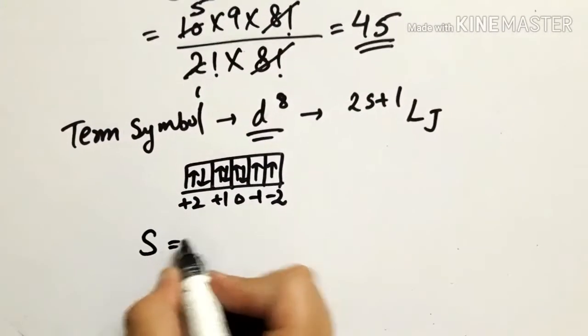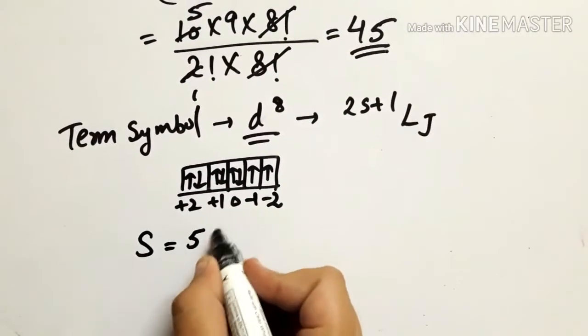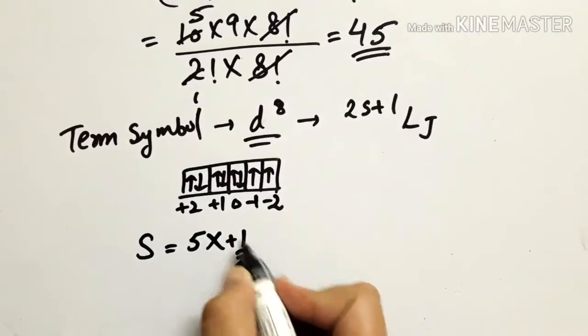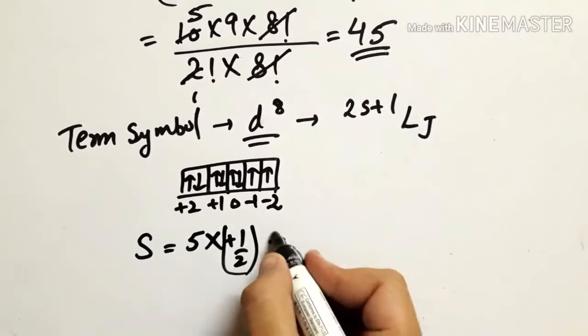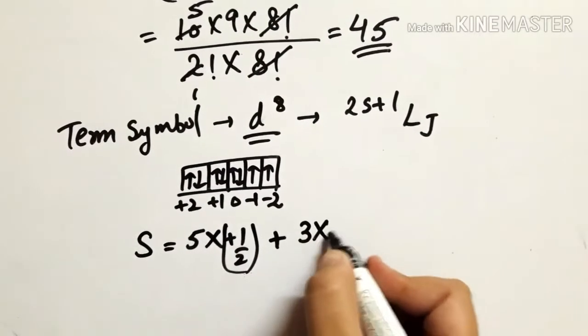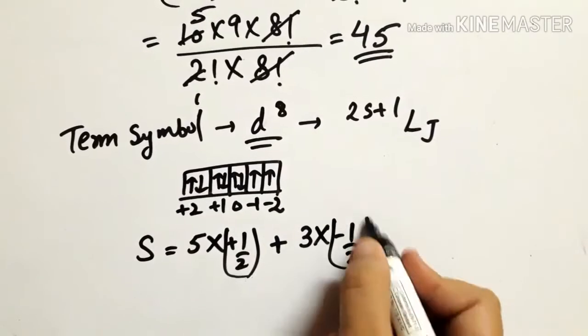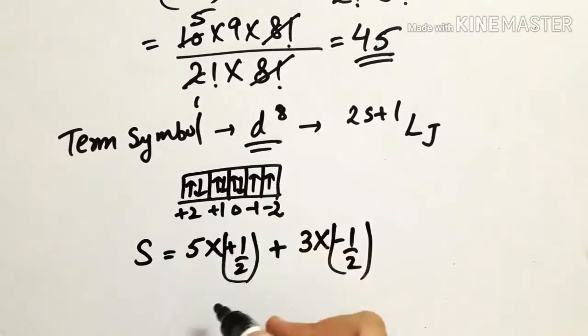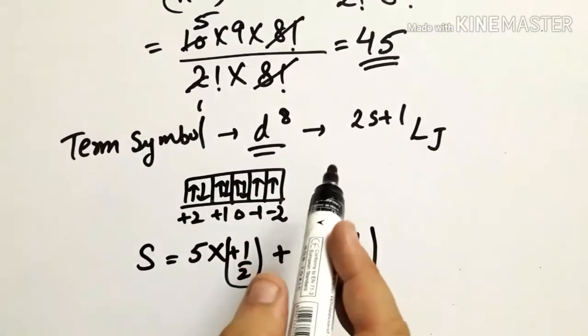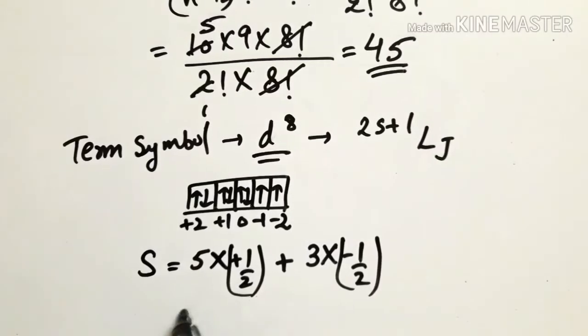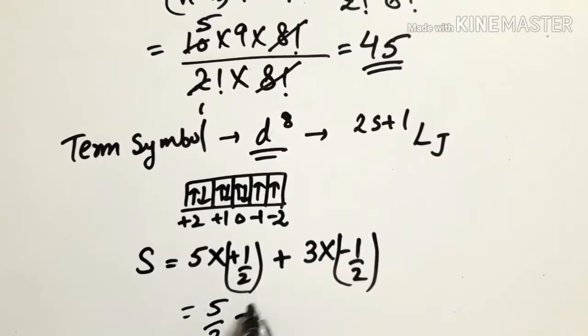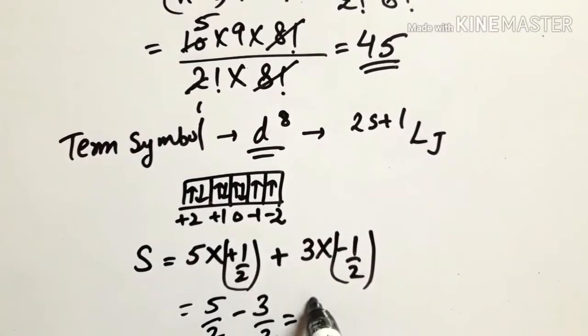So S is 5 multiply plus half plus 3 multiply minus half, as 3 electrons are of opposite spin and 5 electrons are of same spin. So we have 5 by 2 minus 3 by 2, that is 1.